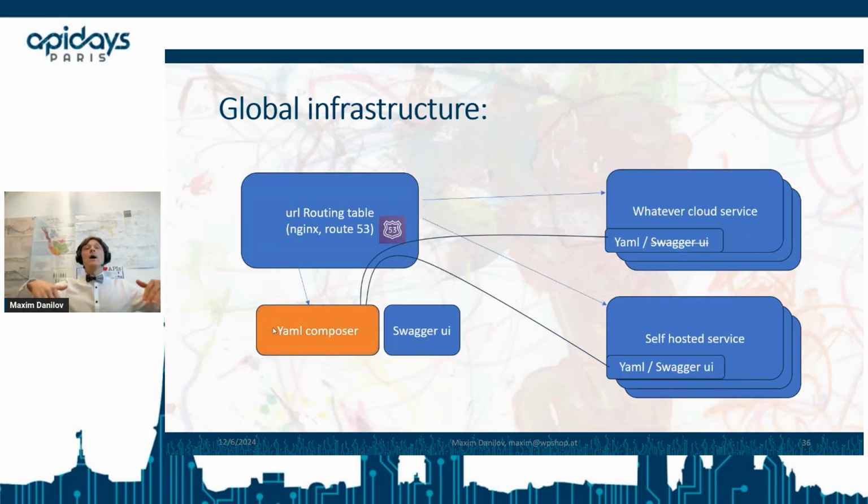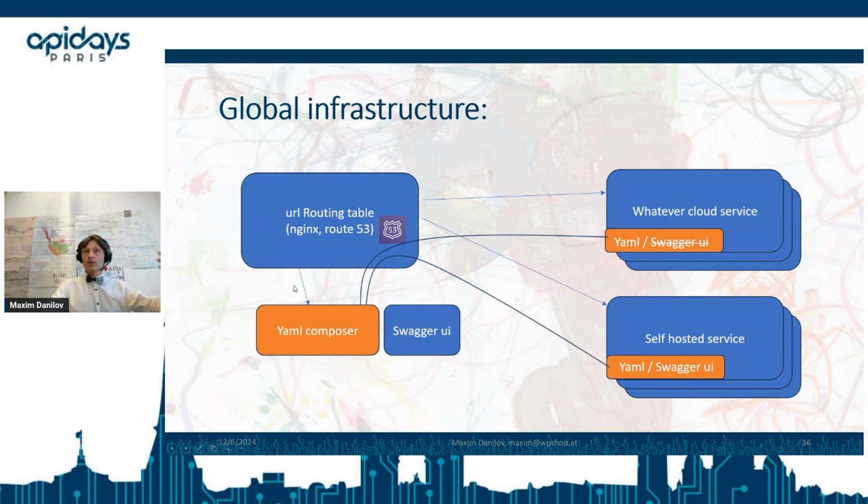And if I go higher to global infrastructure, we have again the YAML composer, which collected from dedicated services already generated YAML files for the whole service, single service. You can see, the YAML composer generated a big YAML file for the whole project.